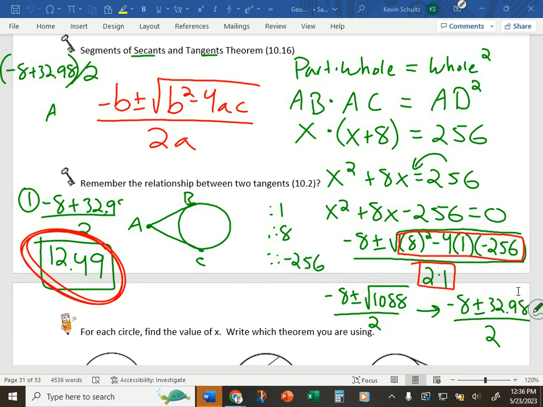Anything else with the notes before we do some practice problems? Remember, two tangents are congruent. What if one of them stops here?